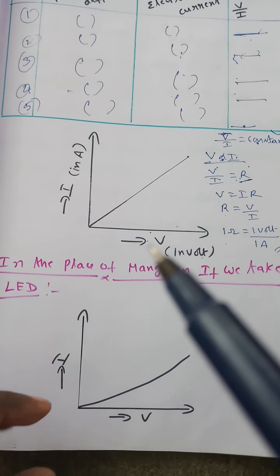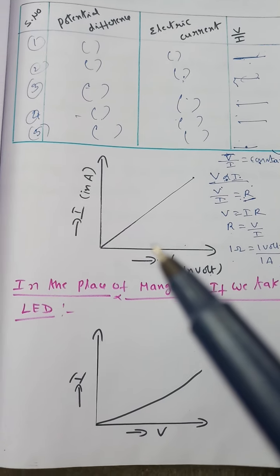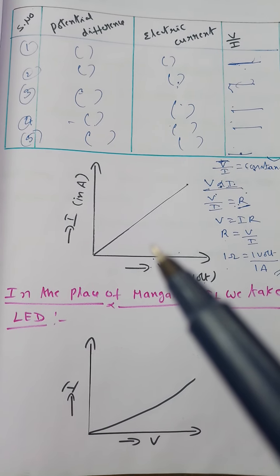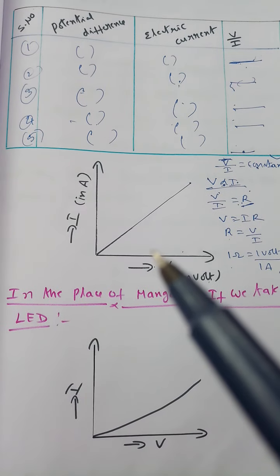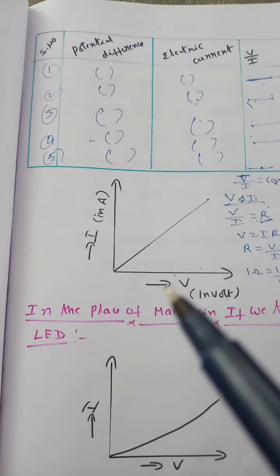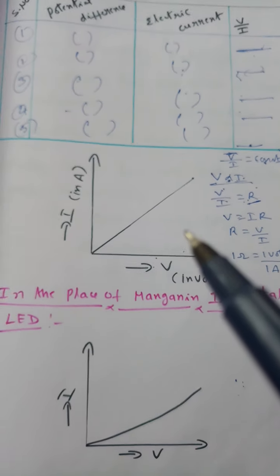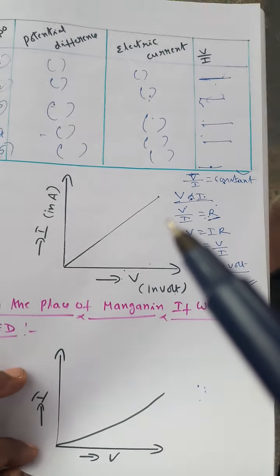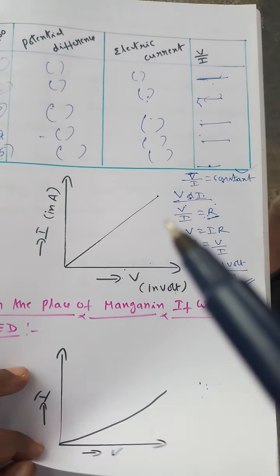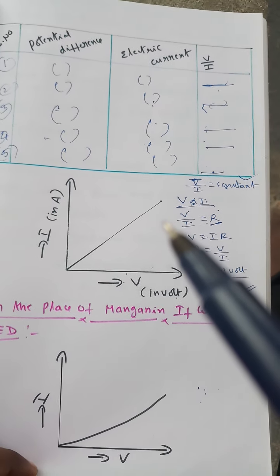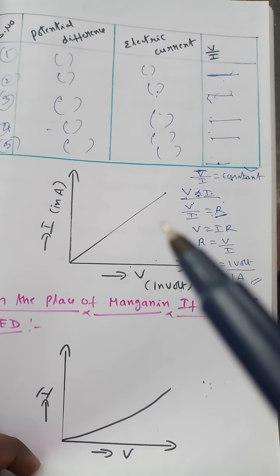So if we take a manganese wire, we verified Ohm's law. But if we take an LED bulb, Ohm's law is not verified. That means for some materials only we can verify Ohm's law, and for some materials we cannot verify Ohm's law.